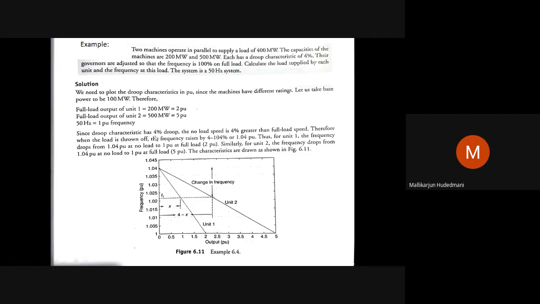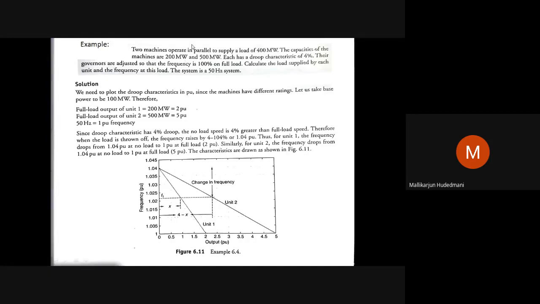Calculate the share and the new frequency value. For this, again, look to the graph directly. Just look to the graph. This graph shows a plot of frequency and output power. Here, Dr. K. Umarao Madam represented the frequencies in per unit and power values in per unit.